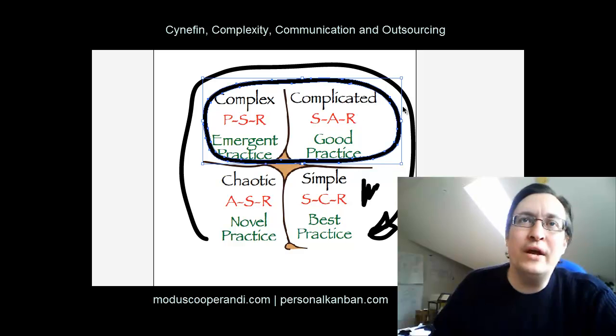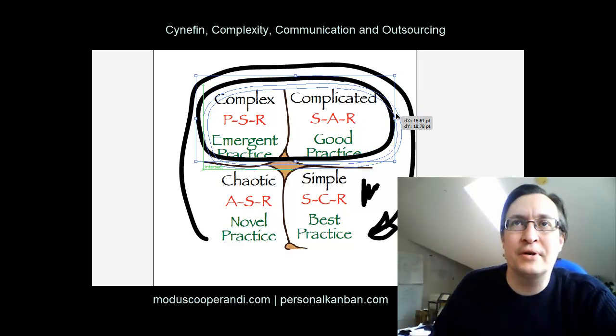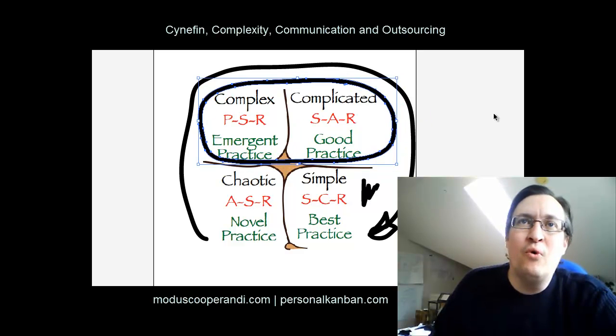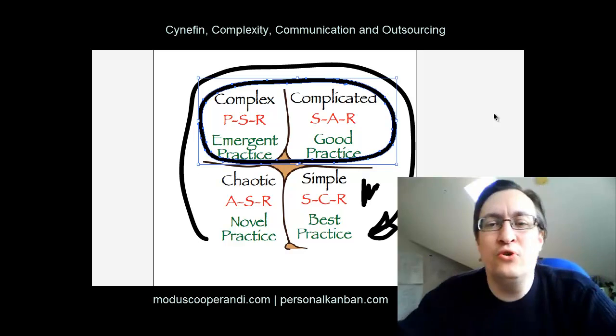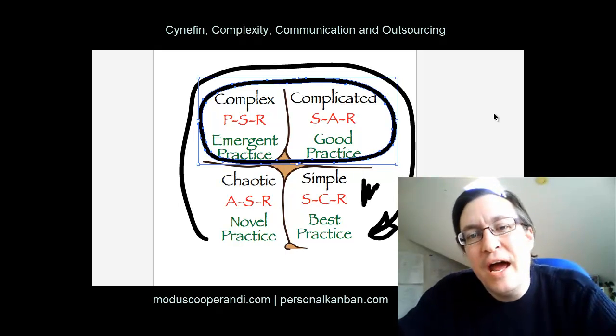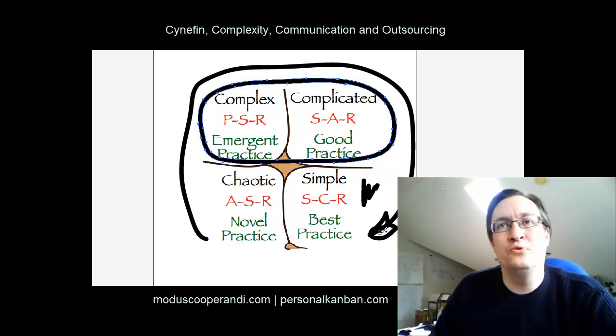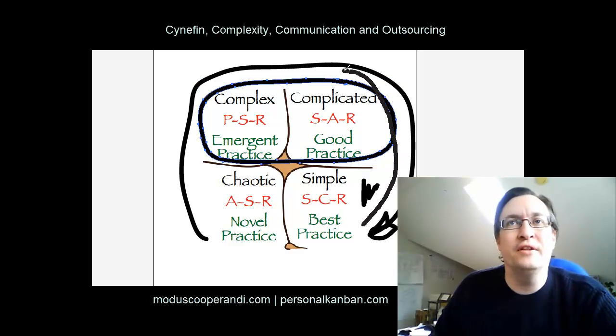So when we're outsourcing software, we end up in this complex, complicated situation, where we don't know exactly what needs to be built or how it can be built. And the more we don't know that, the more we are moving backwards through this process, the more we're moving in this direction.